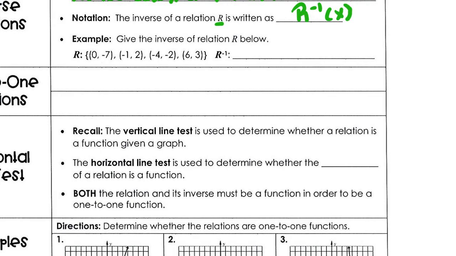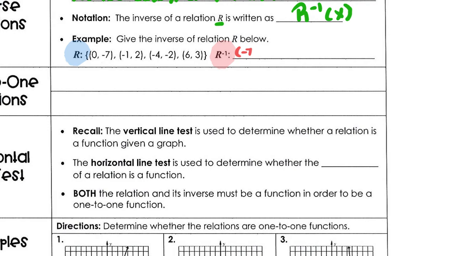Okay, so if I have this function r here, I'm going to try to do my original functions today in blue and look at inverses in red, so we have these color coordinated functions. If I have my original function r, what I'm looking at is the inverse of r, or the reversed version of r. So if I had 0, -7, and I reversed it, it'd become -7, 0.